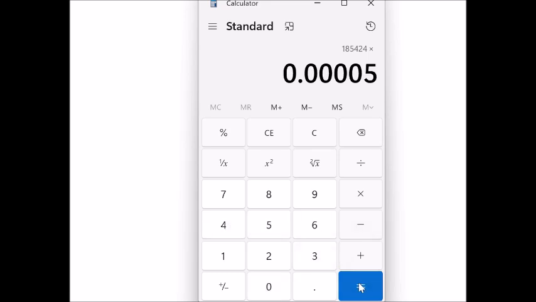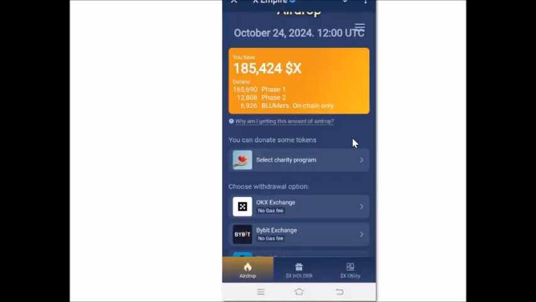With this, we get $9.27. When we get that, we multiply by 1,600, and that is going to give us the naira value. So this gives you 14,833 naira.